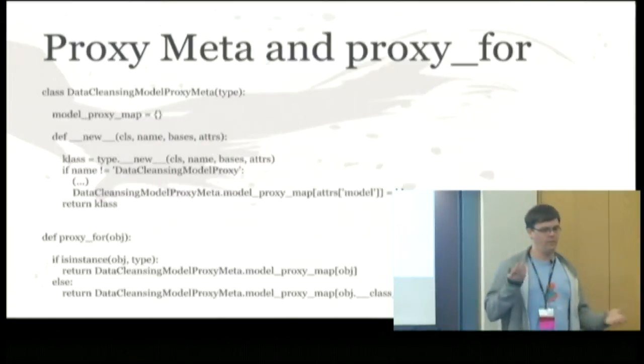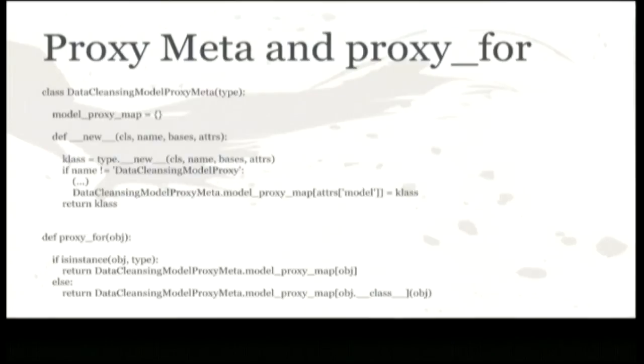And then the first metaclass that we're going to run into is for the proxy. This is really just acting mostly for a little bit of utility. Every time we create a new class, there's a registry of all the proxies that we've ever created, mapped to the object type for which they proxy.